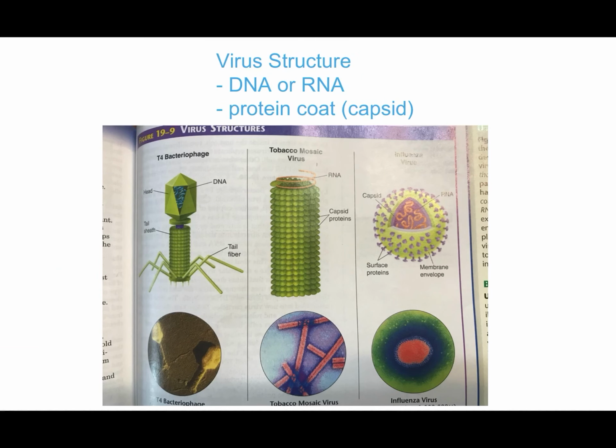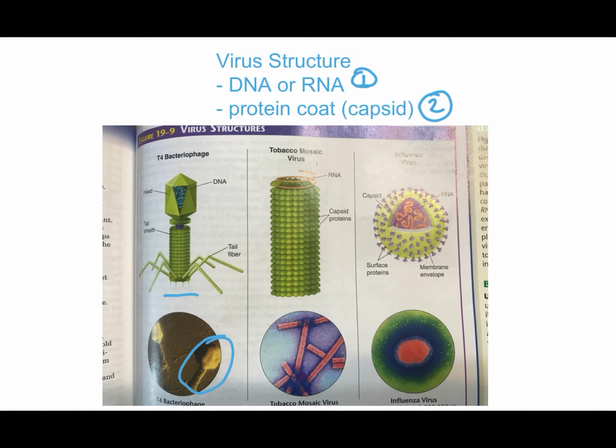Now, virus structure is very simple. There is DNA or RNA, and there's a protein coat called a capsid. What that protein coat looks like can be very different. I've put a picture here from your book. This is a bacteriophage. It looks kind of like a spider. This is an actual picture of this thing. It's so weird. This is the tobacco mosaic virus.